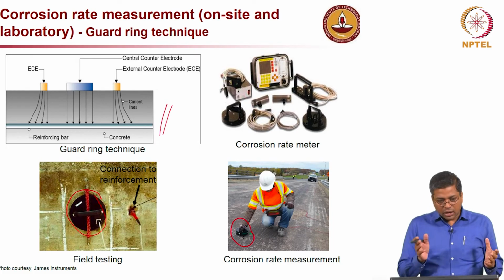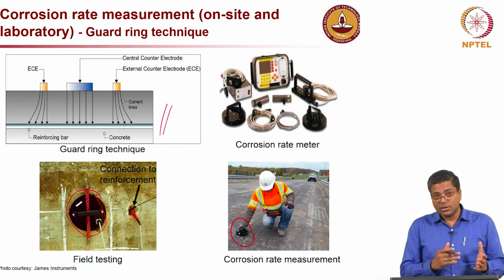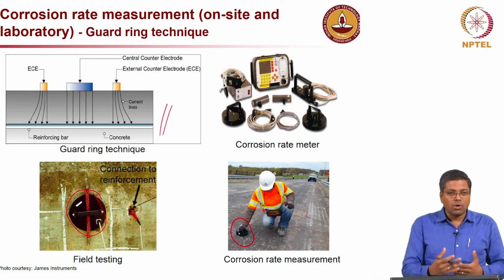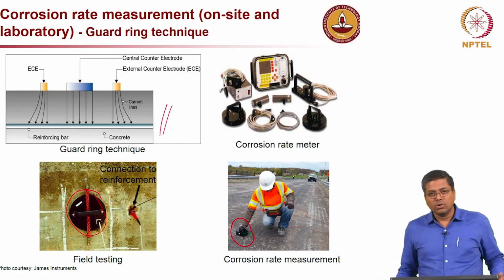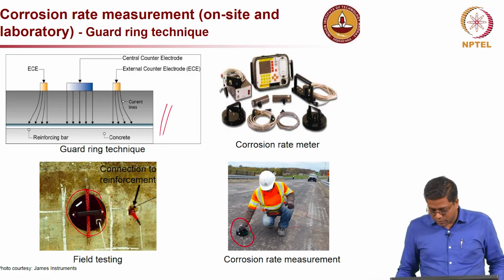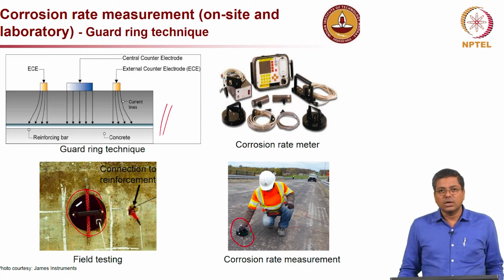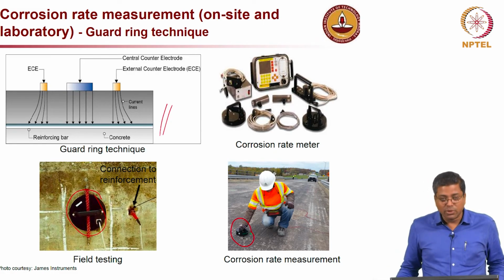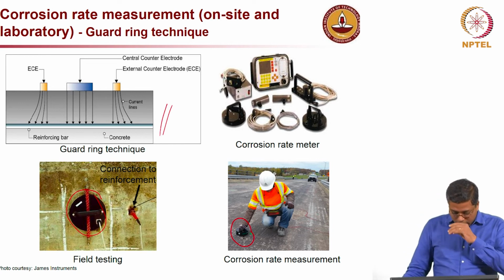Instruments with direct contact are available, and non-contact instruments are also available, but you have to look at the reliability of these different types of instruments based on some pilot studies.